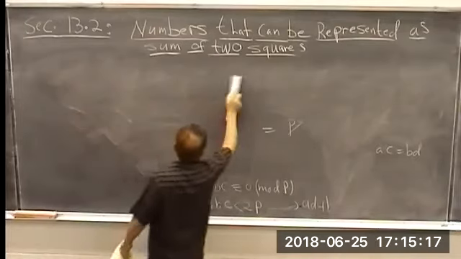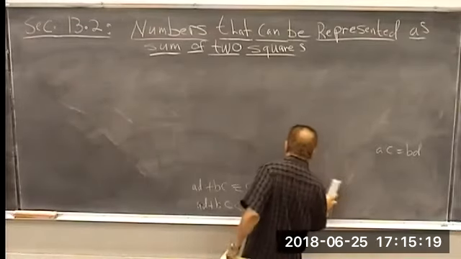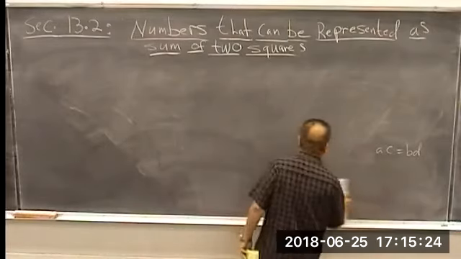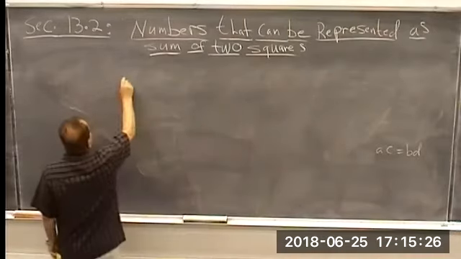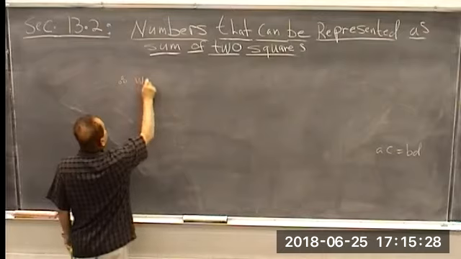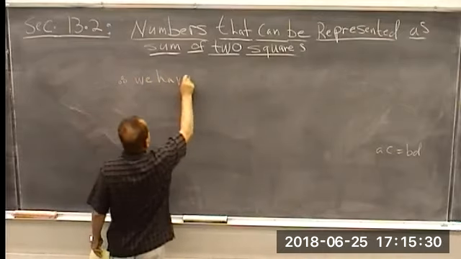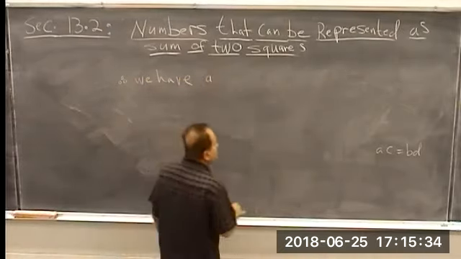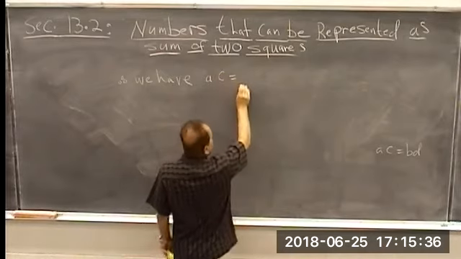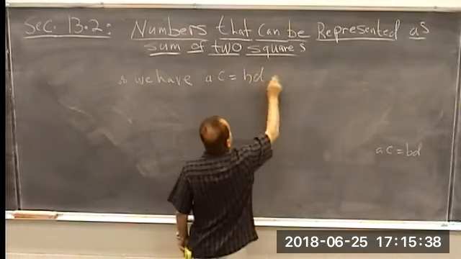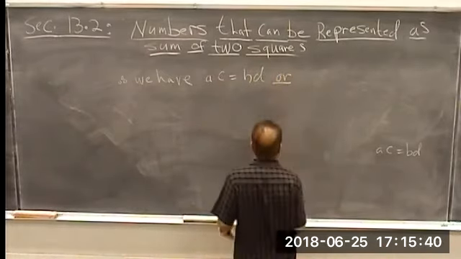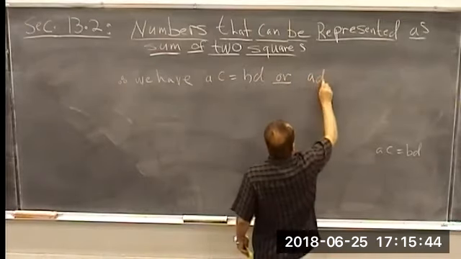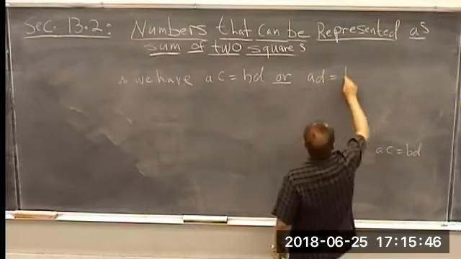So the two possibilities when P divides these differences, therefore, we have either AC equal BD, which is this equality, or the other equality which we have, which was AD equal BC.